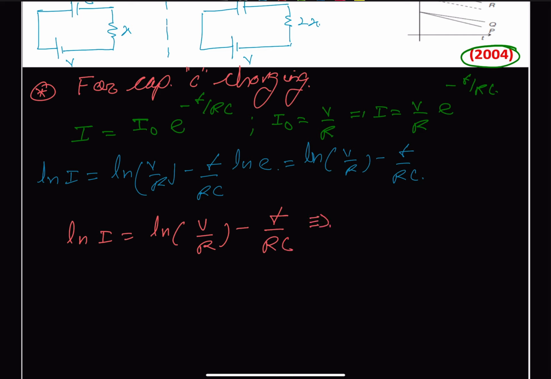We can write this in the form of a slope as well as the intercept. So from here we can say that our slope will be equal to minus t upon RC, and the intercept is equal to natural log of V upon R.